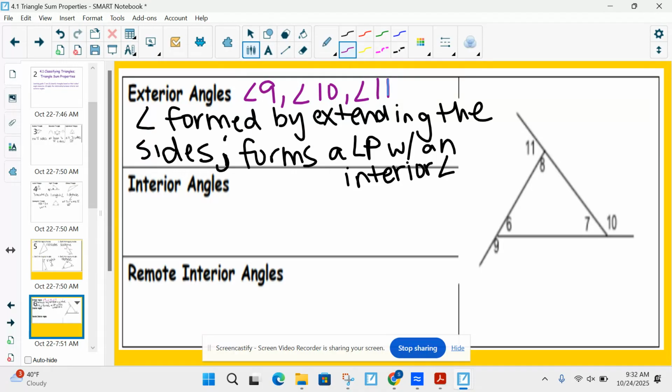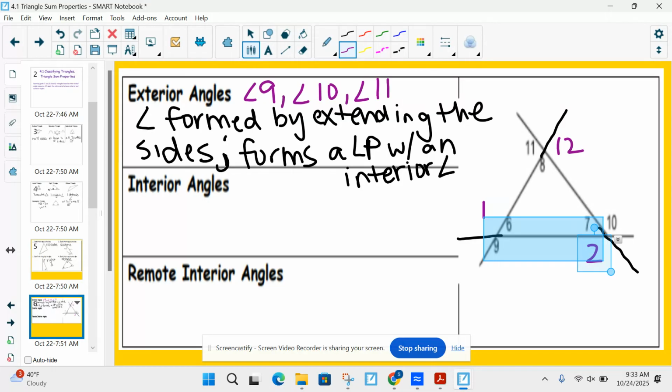Let's keep extending the sides. So I'm going to extend this side this way, this side this way, and this side this way. And I'm going to call these, let's say 12, 2, and 1.